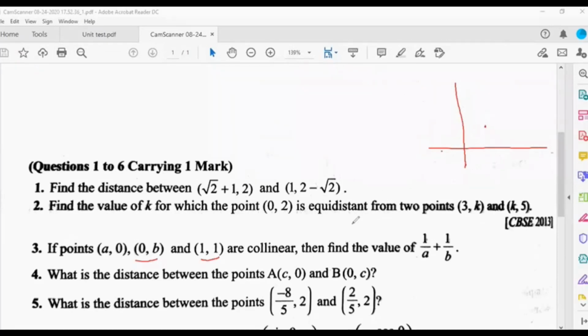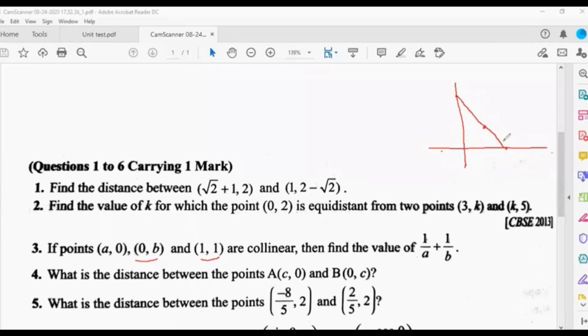So we want to imagine the picture first: A(a, 0) will be a point on the x-axis, and B(0, b) will be a point on the y-axis, such that these three points lie on the same line. We can imagine a picture like this.